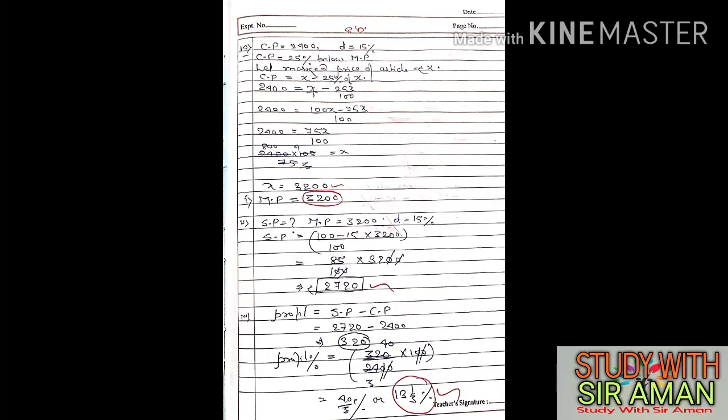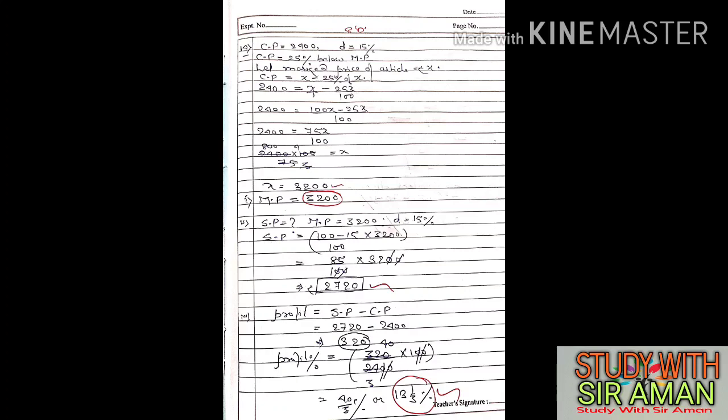CP equals X minus 25% of X. CP is given 2400. X minus 25X by 100. Take LCM, subtract. So calculate, cross multiplication. X will come 3200. What is X? X is marked price. Okay, marked price is 3200.